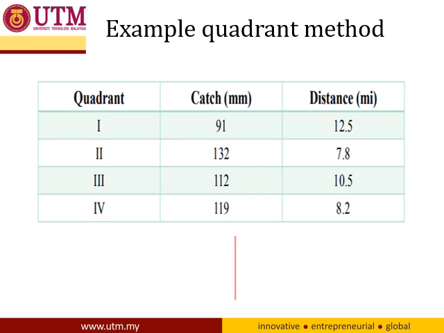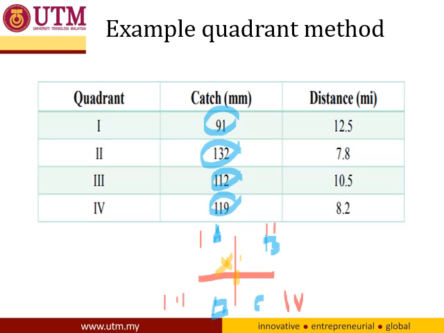Okay, so remember the quadrant. This is the quadrant: quadrant 1, 2, 3, and 4. Remember the center is station X. In the first quadrant, let's say we know there is one station, station A, and then station B, station C, and station D, for example. So these are the stations, the data in the stations within each quadrant.